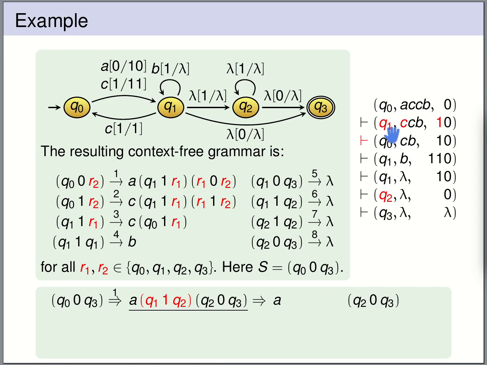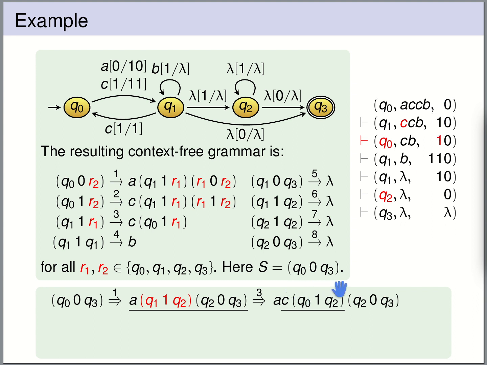So we are now in this step. What happens here? From Q1, we switch to Q0, and we have read a C from the input. So now that means we produce a C by this step. The Q1 becomes a Q0. So this Q1 is now a Q0. The 1 has been replaced on the stack by a 1 again.